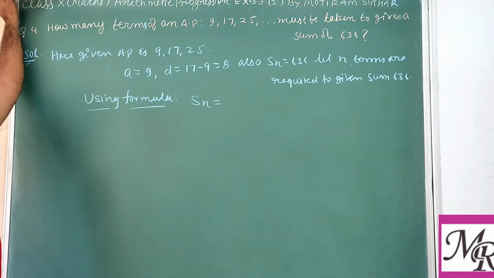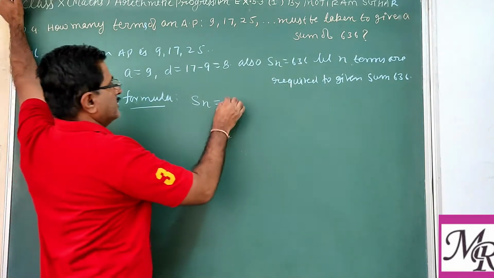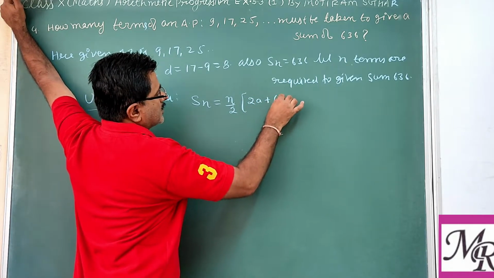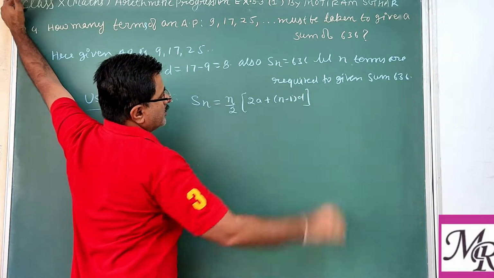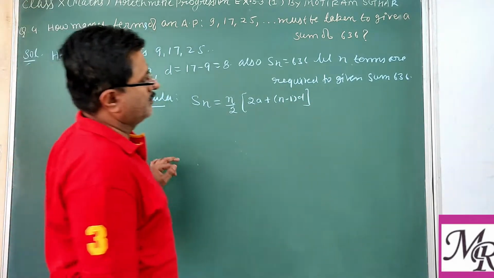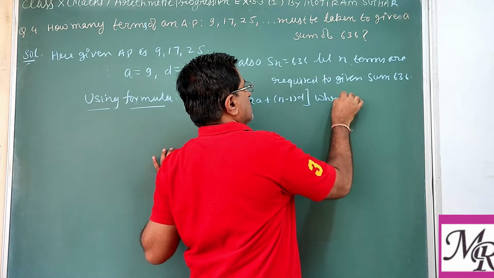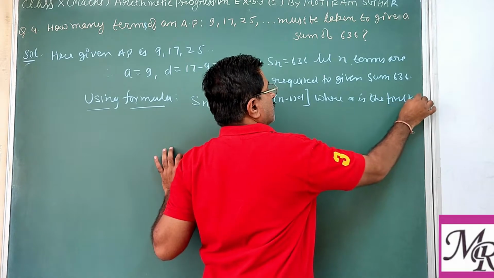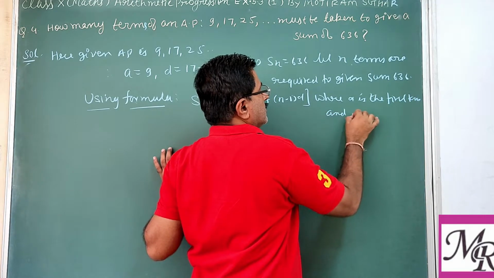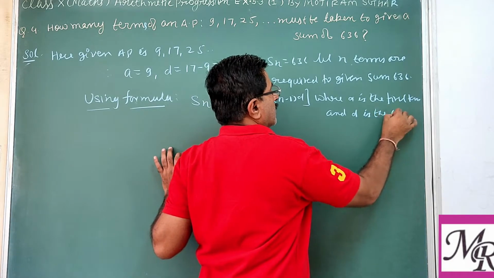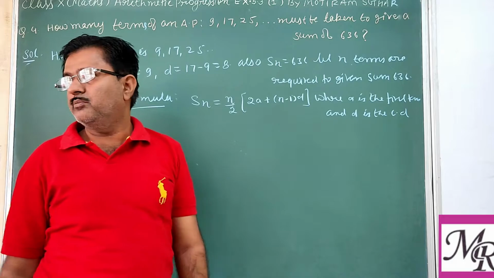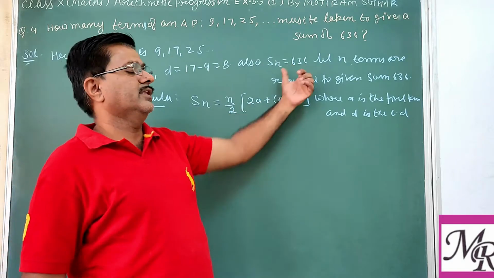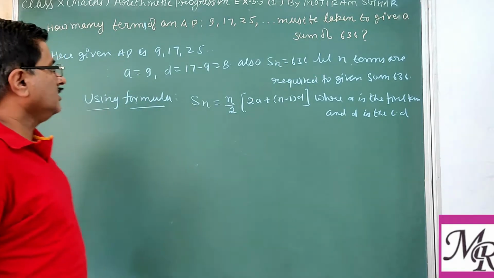Sn is the sum of n terms of an AP, that is given by the formula n by 2 whole into 2a plus n minus 1 into d, where a is the first term and d is the common difference of an AP. Now in this formula we put all the values of a, d and Sn and simplify, you get it easily.